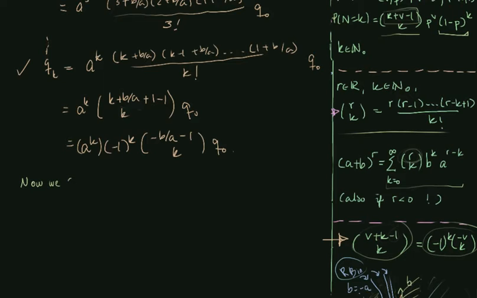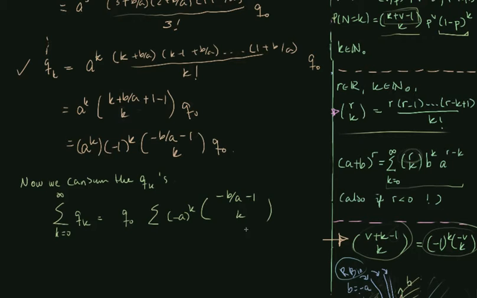Now we can sum the qk's. So for k from 0 to infinity, the sum of qk's is equal to q0 times the sum of (-a)^k times (-(b/a) - 1) choose k, where the sum runs from 0 to infinity.